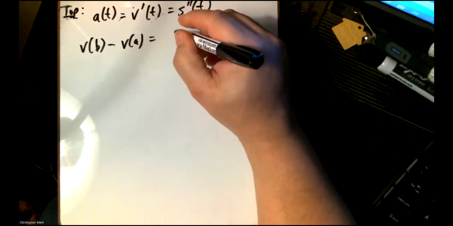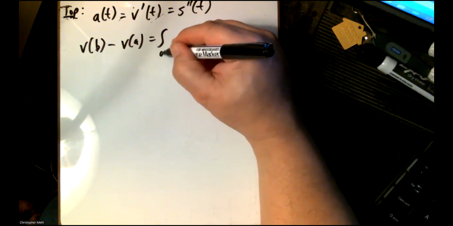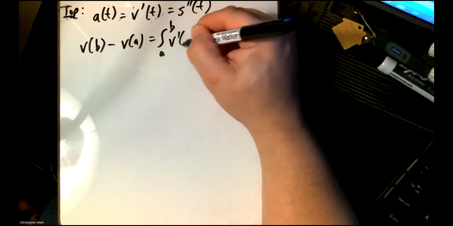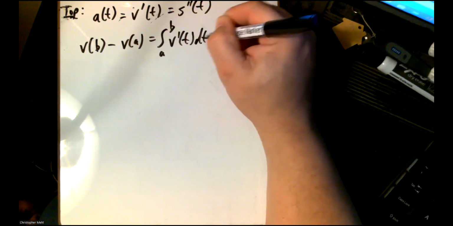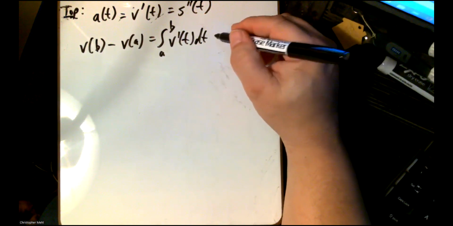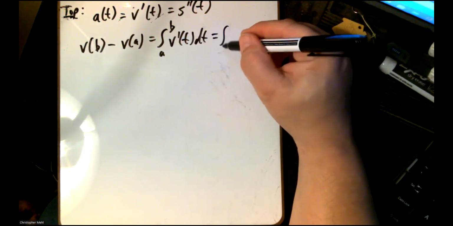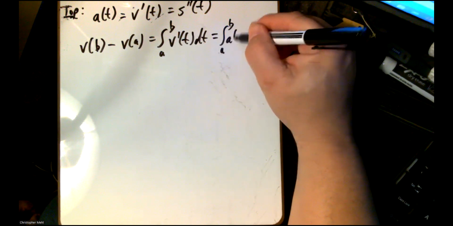And so the change in velocity, v at b minus v at a, is the integral from a to b of v prime of t dt. And v prime is a, so that's the integral from a to b of the acceleration function.